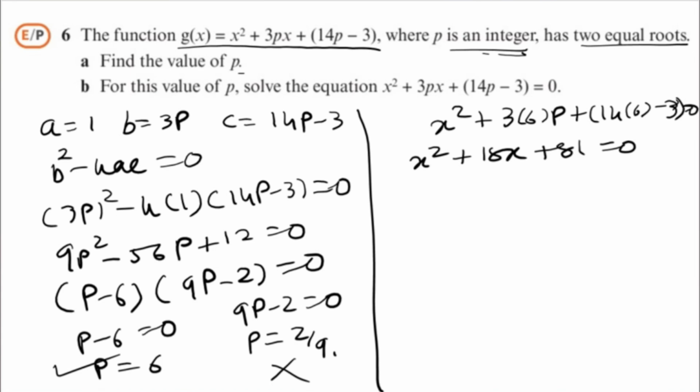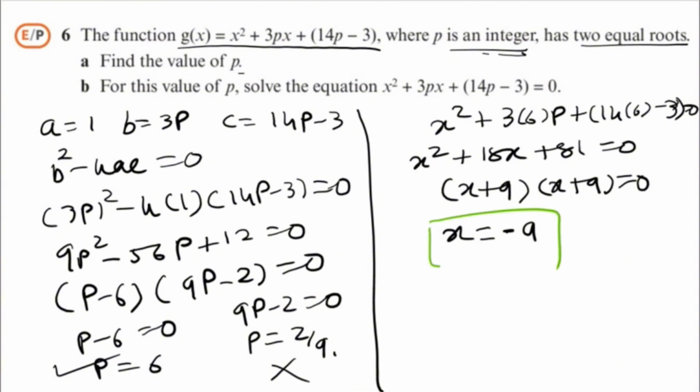We have to find two numbers which give me 81 on multiplication. So x plus 9 and x plus 9, and we already know it has two equal roots. So x is equal to minus 9. So this is our answer, x is equal to minus 9. So we solved this equation and it has one root.